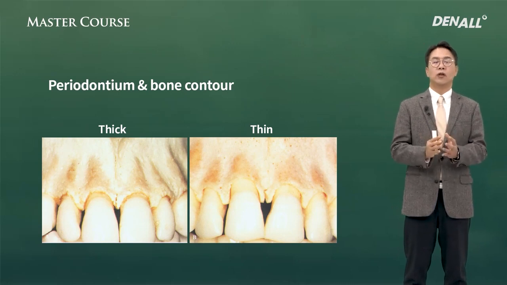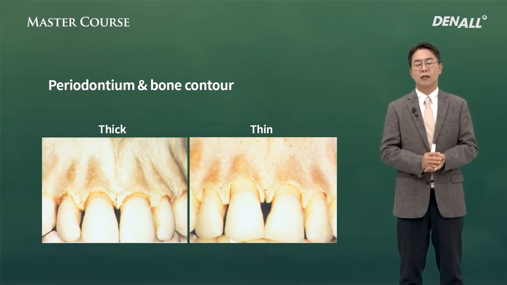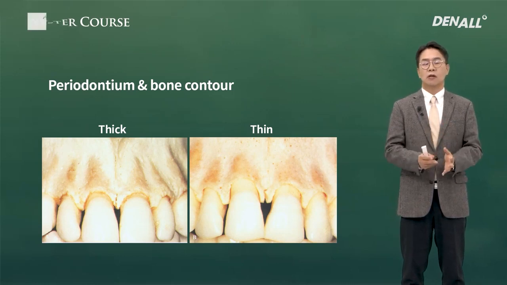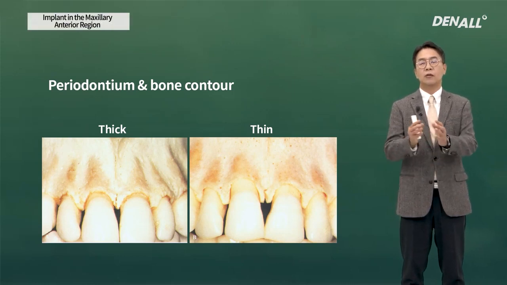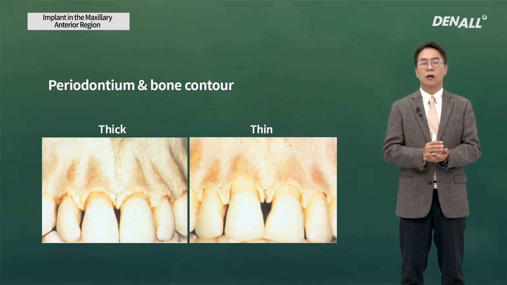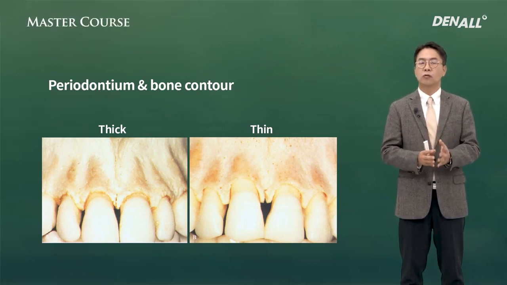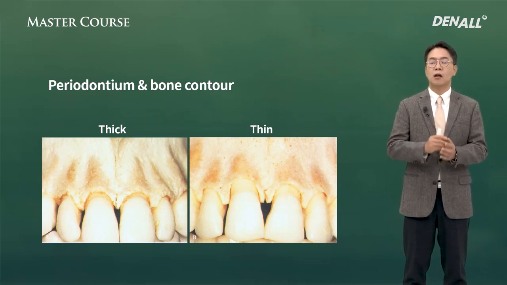So when we place an implant, all these need to be considered. When we restore an implant in the upper anterior, if the teeth is shaped as a square, the gingival biotype would be thick and the bone contour below it would be thick. That's what we can expect.